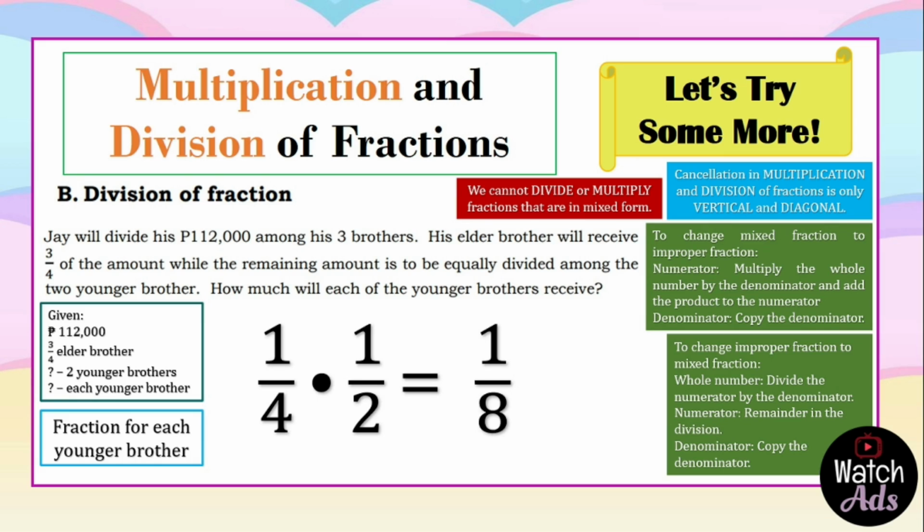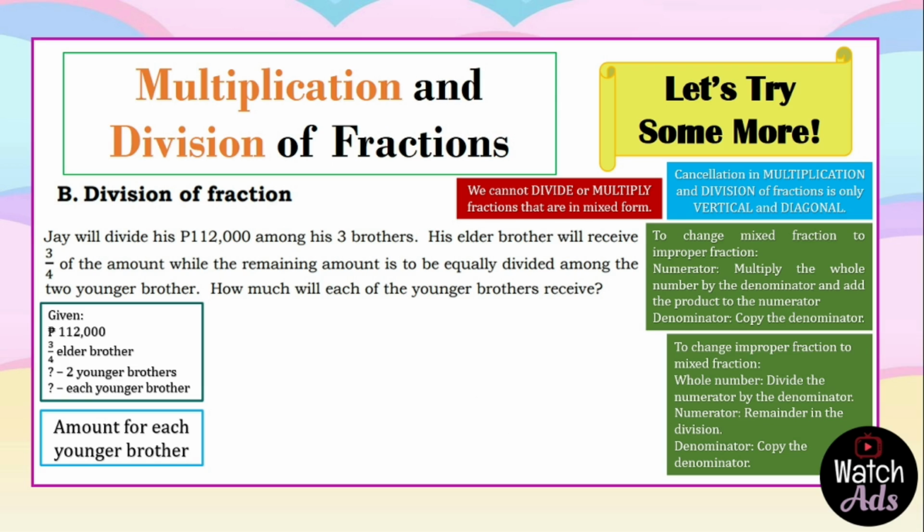But the question is how much will each of the younger brothers receive? It means the amount for each younger brother. And the sentence for that is 1/8 of 112,000 pesos. And 1/8 of 112,000 pesos is multiplication.